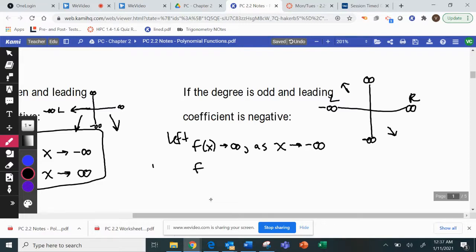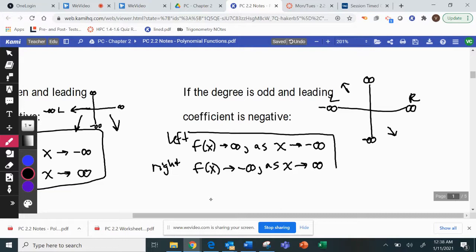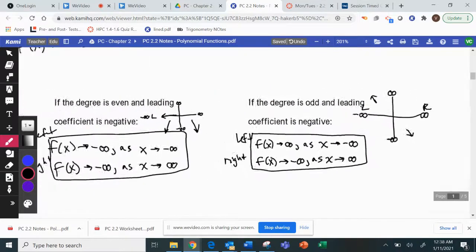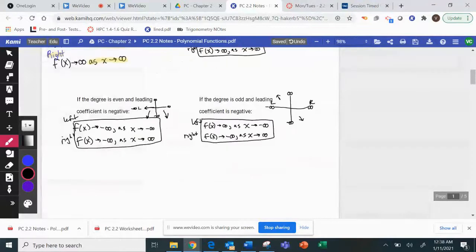And then on the right side, f of x approaches, and this time it's going down, so negative infinity, as x is approaching positive infinity on the right. So those are the only 4 situations that you'll have. You really just memorize the x values, and then the y's are the thing that changes.